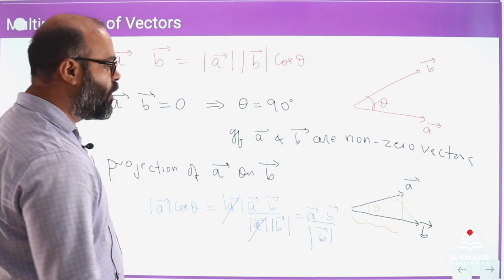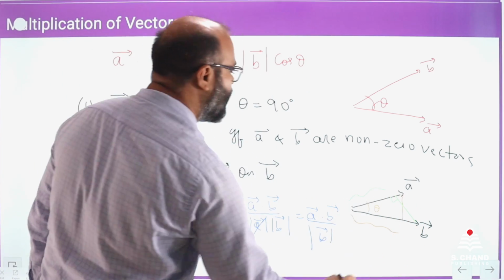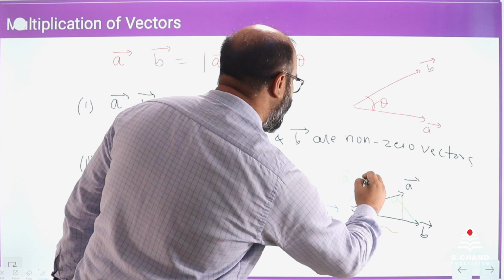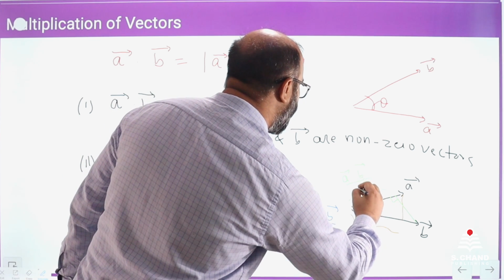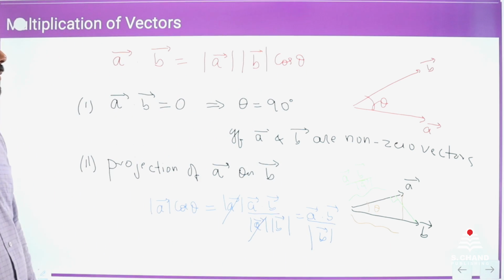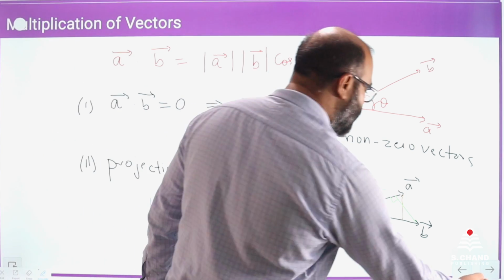This is the projection of B on A, and in that situation this would become A dot B by mod of A vector. So this is another point.